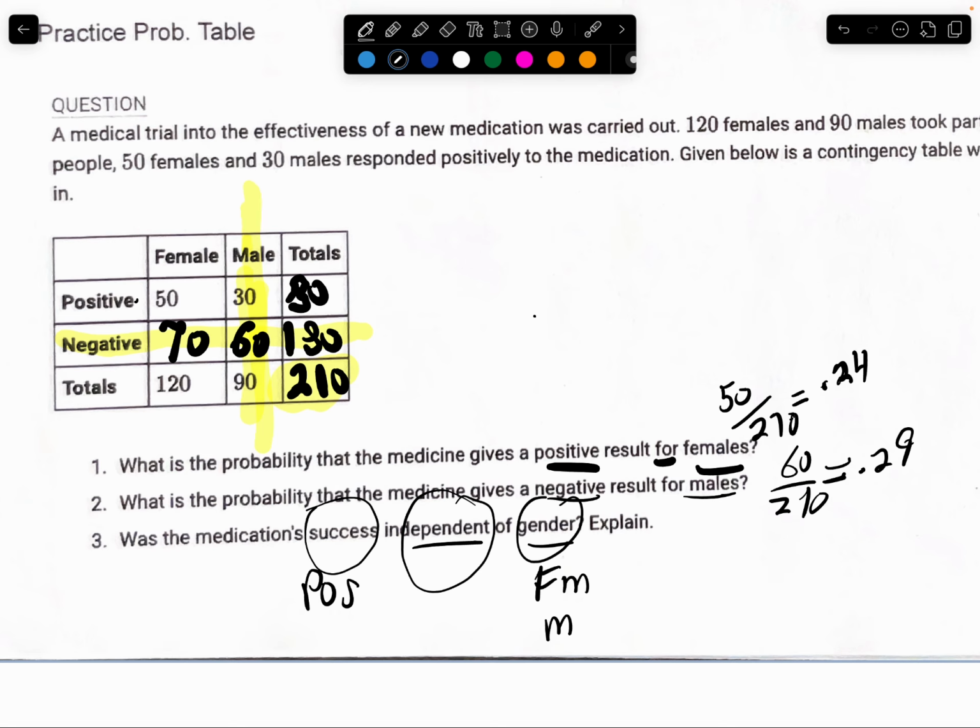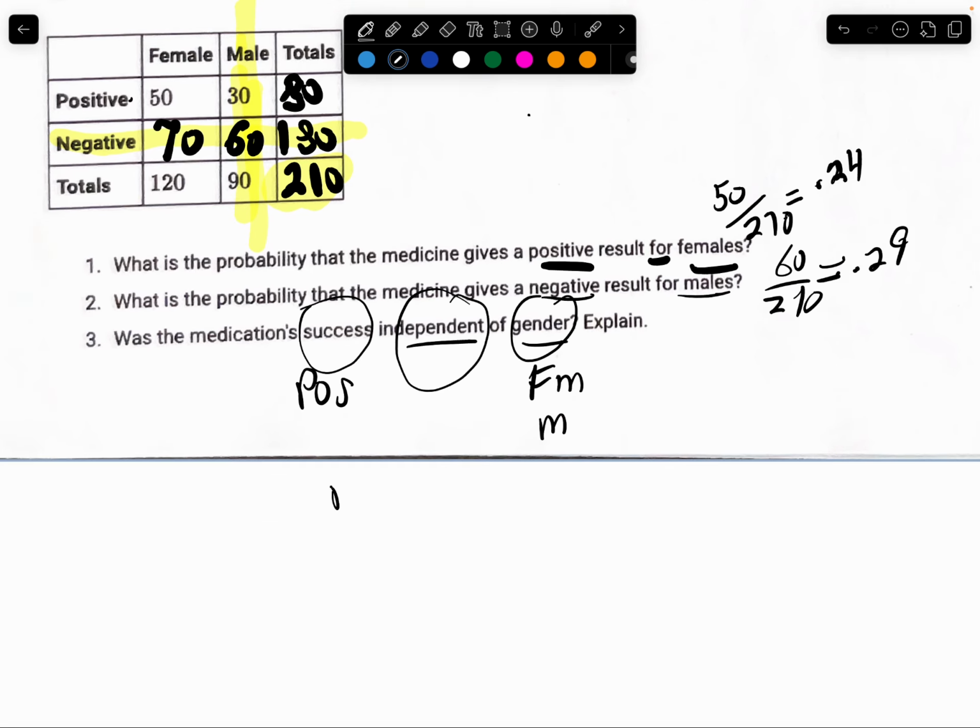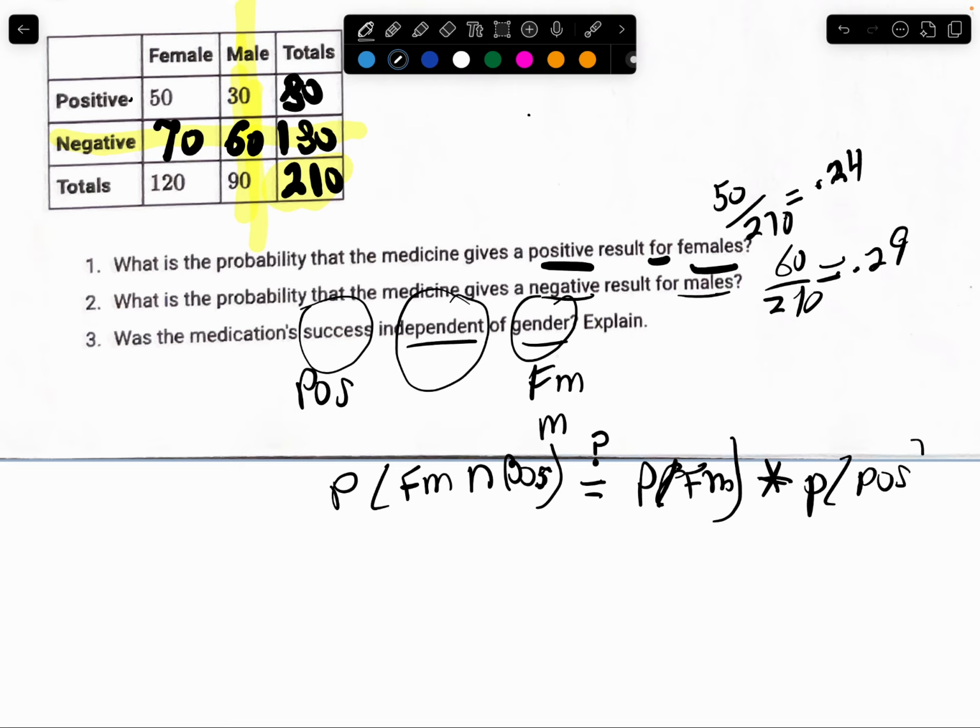The test for independence, one of them is that formula that we had from before, where we had the probability of female and positive, the both, is equal to, now we're checking to see if this is equal to the probability of female times the probability of positive, if it's true, then it is independent. So are the separate things equal to the intersection of those things when you multiply the separate things?